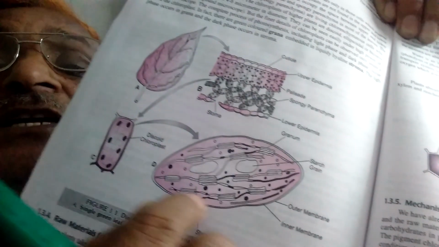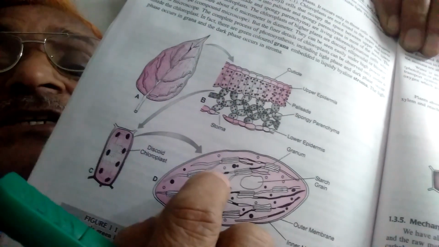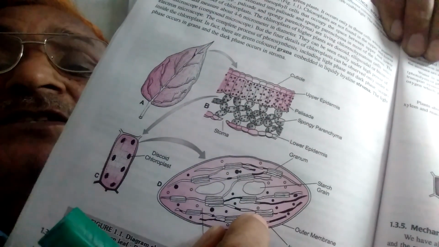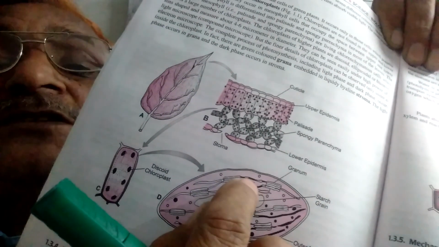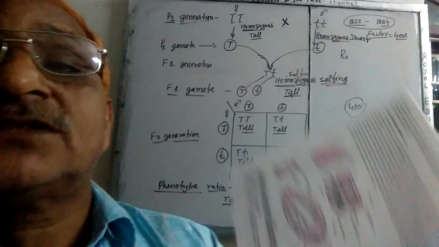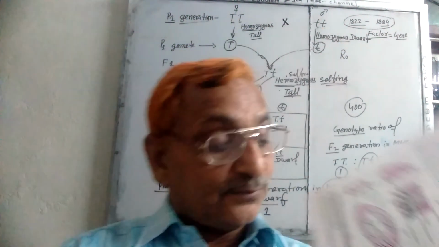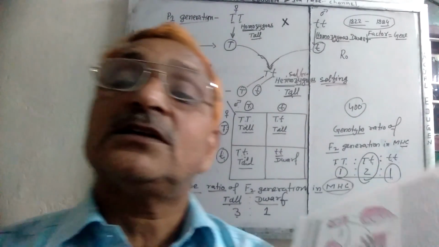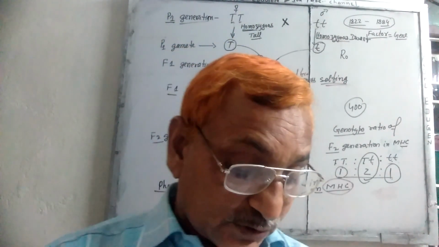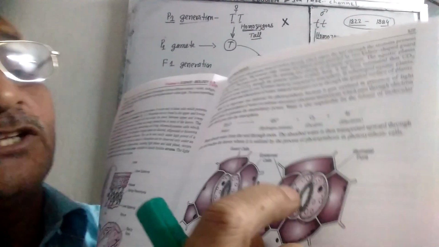In this type of question, this is the diagram of the chloroplast. It has a granum region and a stroma region. Granum region is the site of light reaction. Stroma is the site of dark reaction. You must also remember the diagram of stomata. You can see in your NCERT book also it is given that the pore is called stoma. Here the pore is called stoma.